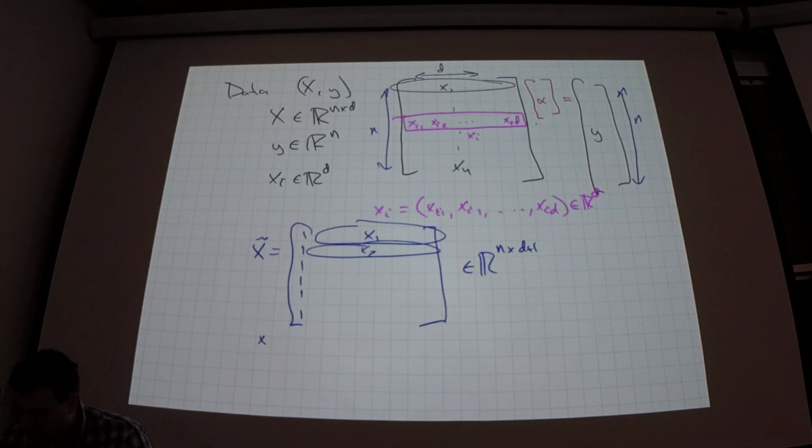In particular, x_i tilde is equal to 1, then x_i1, x_i2, up to x_id.